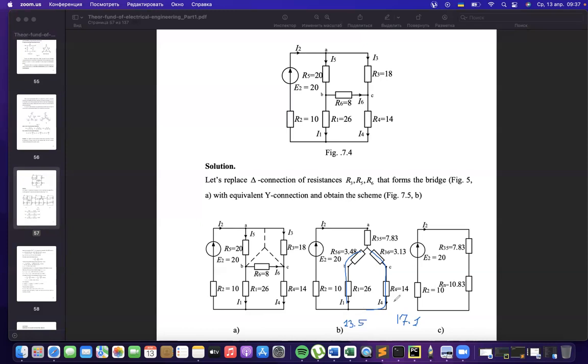Then these two branches are in parallel because they have the same points. And we could add these two branches in parallel as 13.5 multiplied by 17.1 and divided by the sum of these two numbers, as the formula of parallel connection. After it, instead of 4 elements, we could obtain a single resistor of 10.1, almost 11 ohms.